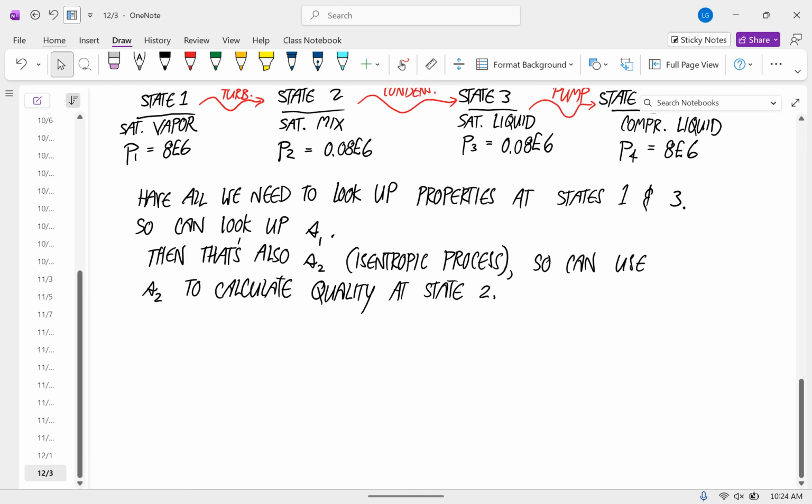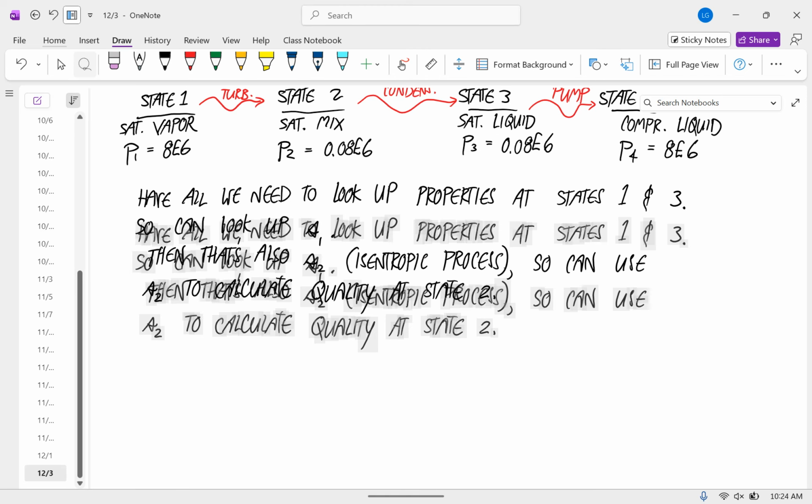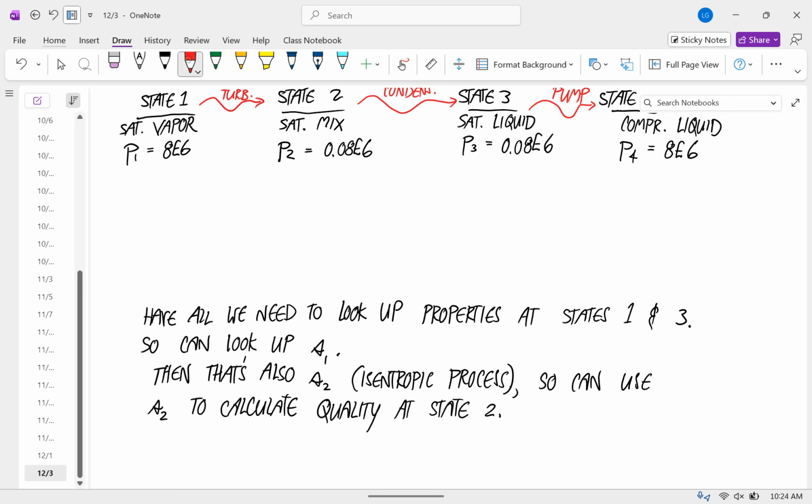Let me move this down, give myself some room to fill in this table. Okay, now we have everything we need to look this stuff up.